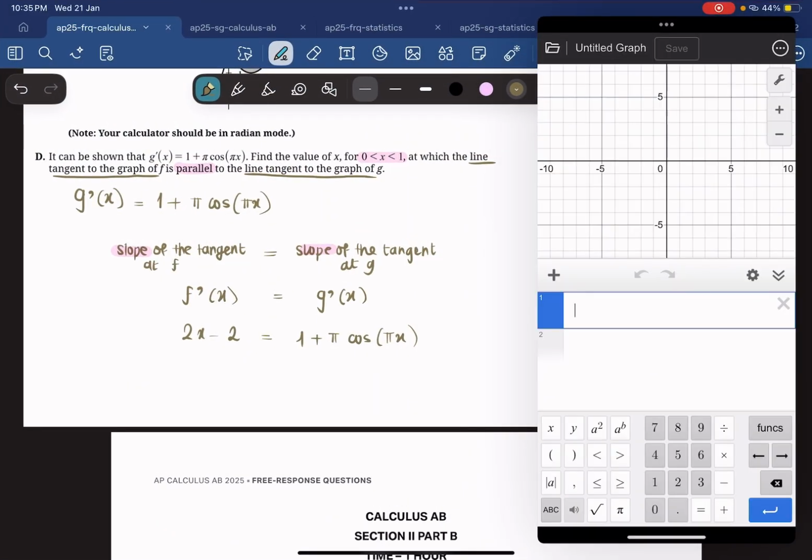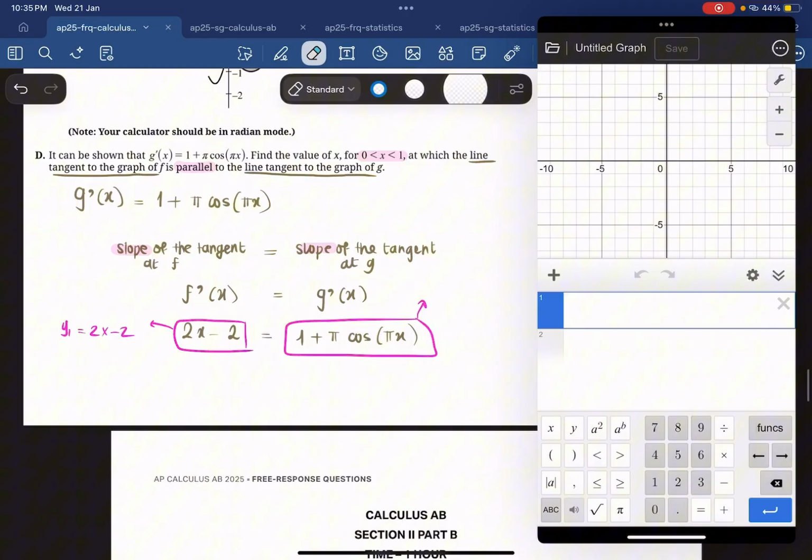Okay, and we are going to draw the graph of y1, which is 2x minus 2, and draw the graph of y2, which is this expression here. So I'm not going to rewrite it.